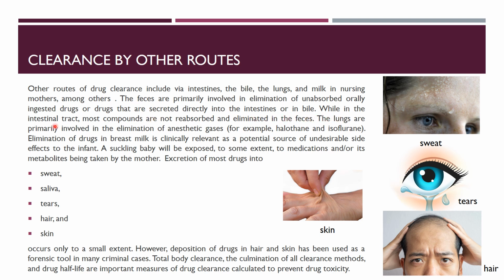While in the intestinal tract, most compounds are not reabsorbed and are eliminated in the feces. The lungs are primarily involved in the elimination of anesthetic gases, for example, halothane and isoflurane.